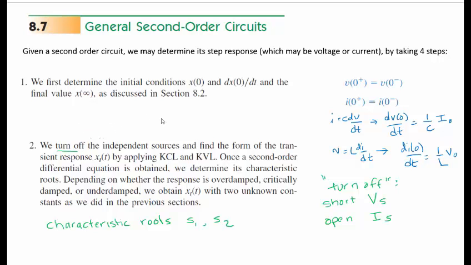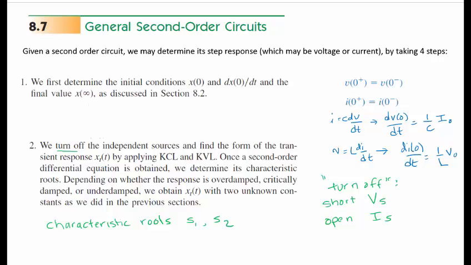So generally, given any second order circuit right now, we can determine its step response, which may be a voltage or a current, by taking 4 basic steps. First, you have to determine the initial conditions in the circuit before the switch closes or the switch opens or whatever has to happen. So generically we'll say X, which may be current or voltage. And then you have to find the steady state, whatever the current or voltage is at infinity.